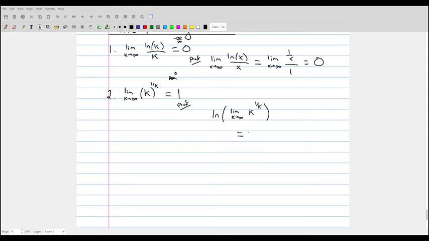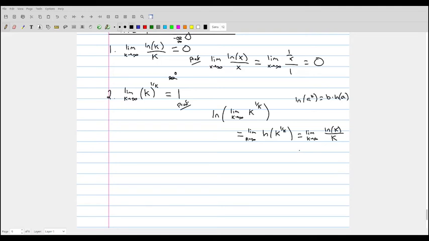So this will be the same thing as the natural log of the limit as k goes to infinity of k to the power 1 over k, which is the same thing as the limit as k goes to infinity of the natural log of k over k, because the natural log of any exponent is the same thing as that exponent multiplied by the natural log of the base.